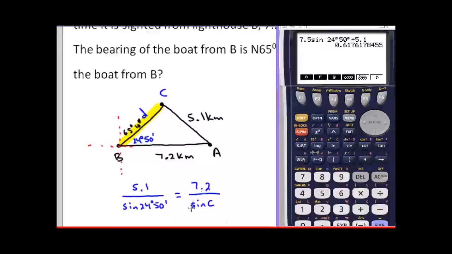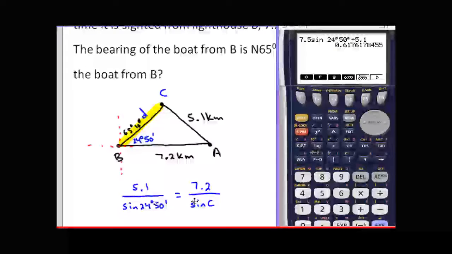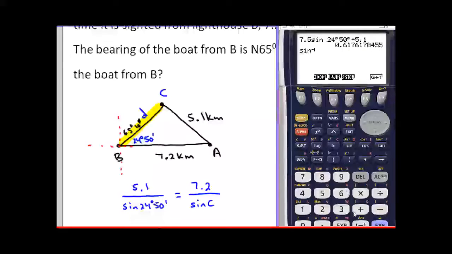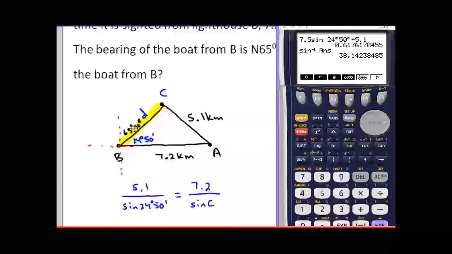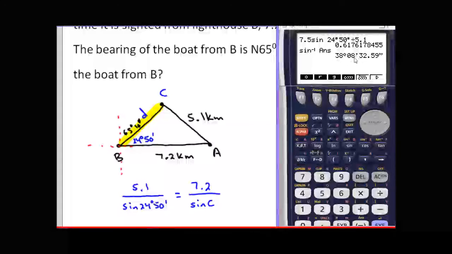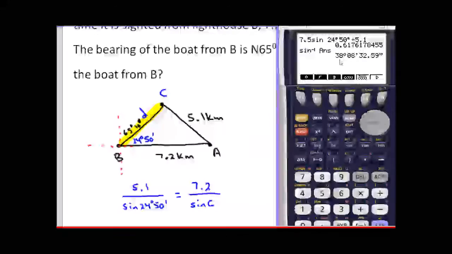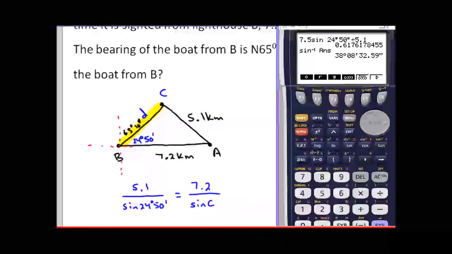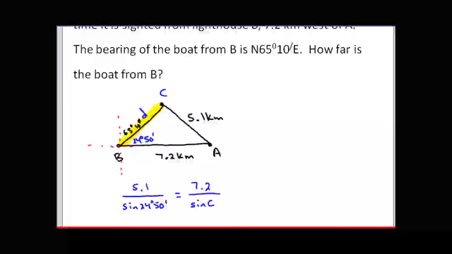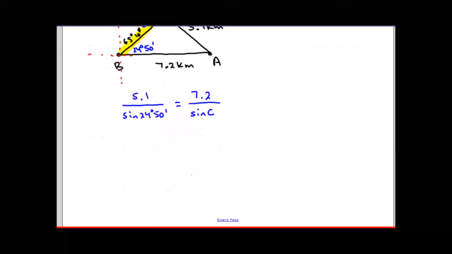That's what the sine of angle C should be. So to find the angle, I do inverse sine of that answer. And let's see, keeping the theme of degrees, minutes, seconds, I'll convert it back. We'll go to the nearest minute, so that's what they did. So 38 degrees, 8 minutes. So angle C is 38 degrees, 8 minutes.